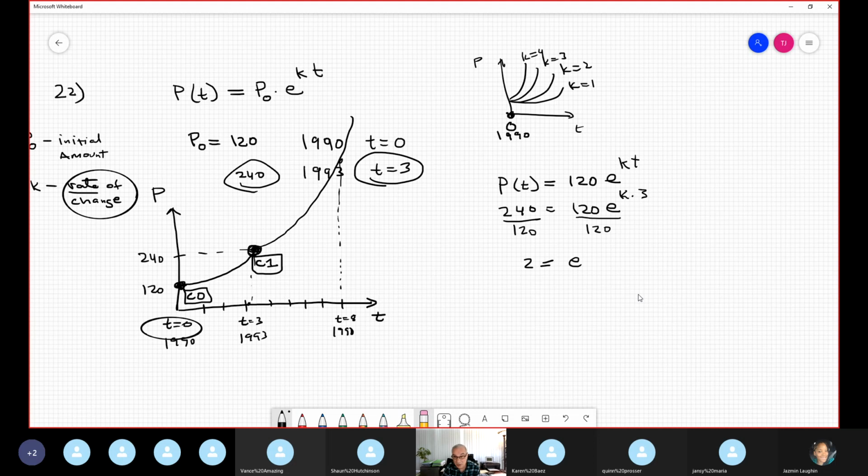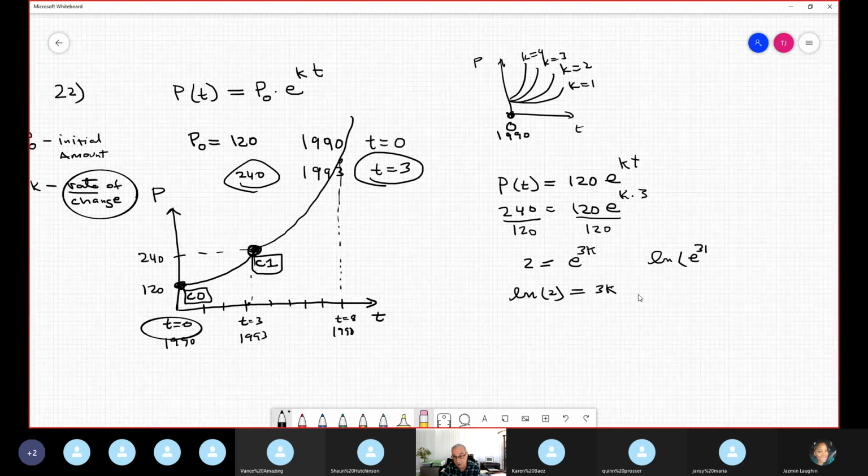2 equals e to the 3k. Now, to solve for k, you apply the natural logarithm. You can apply any logarithm, but in this case, it's easier for me to use natural because the base is e. So ln 2 is equal to 3k, because the logarithm of e to the 3k is equal to 3k.